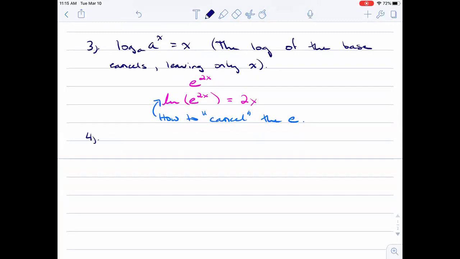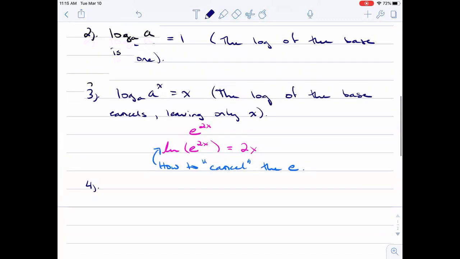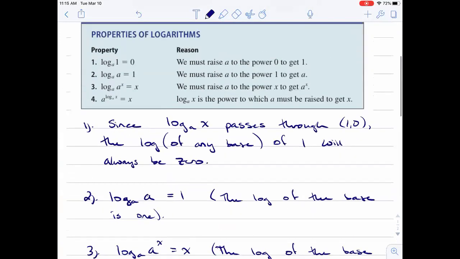And then the fourth one is that a to the power of log base a of x is just going to be x. So that's the opposite of the one that we just did, right? First, we started with some a to the x, and then we took the log base a of that to get x.